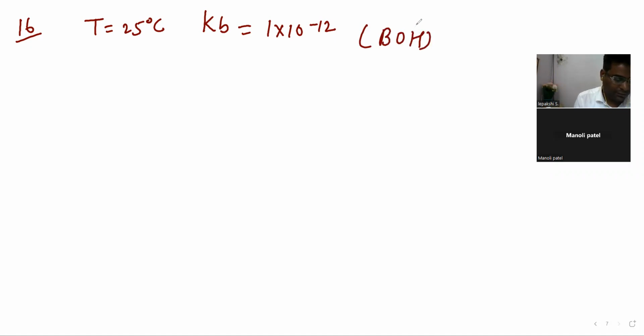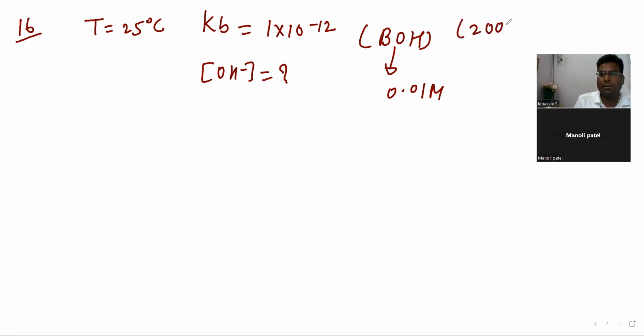You have to find the hydroxyl ion concentration, meaning OH minus concentration, in 0.01 molarity aqueous solution. The initial concentration is given, 0.01 molarity. It was asked in 2005 NEET.